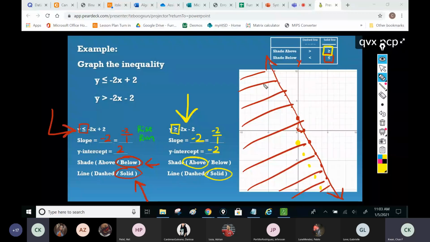And then we need, oh wait, I think there is a mistake right here. This is supposed to be this. So, solid line.